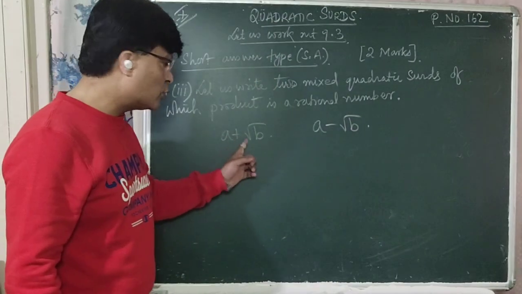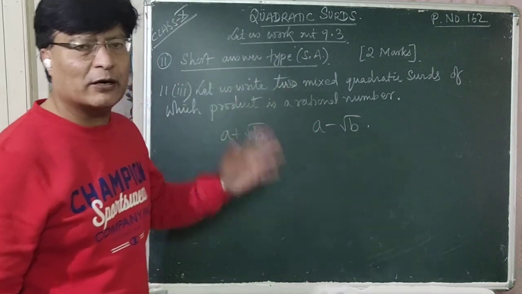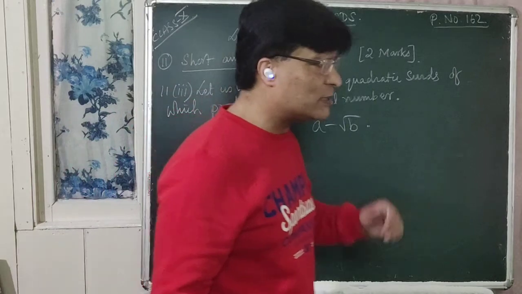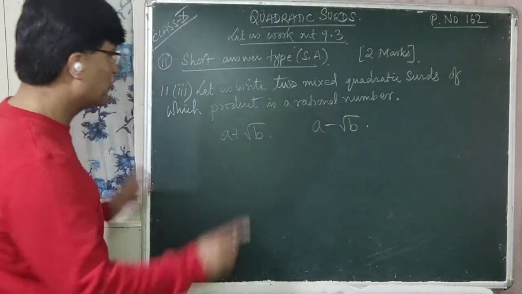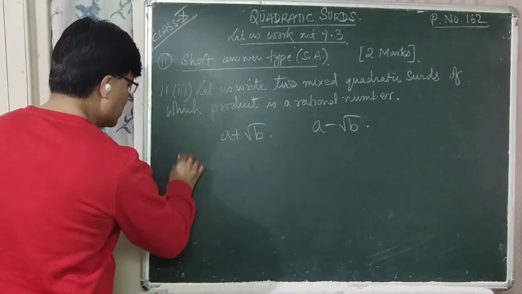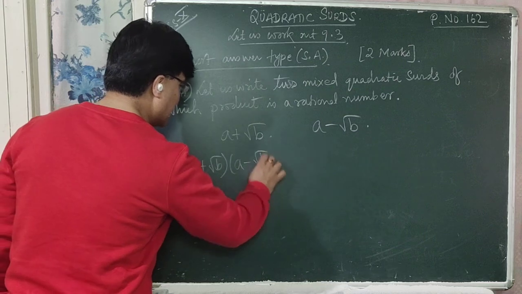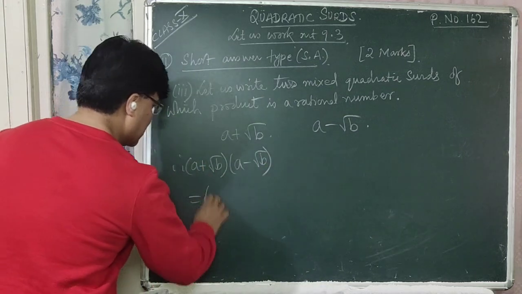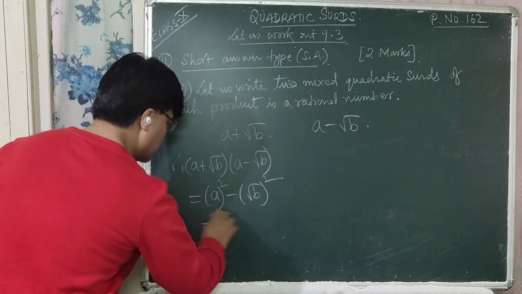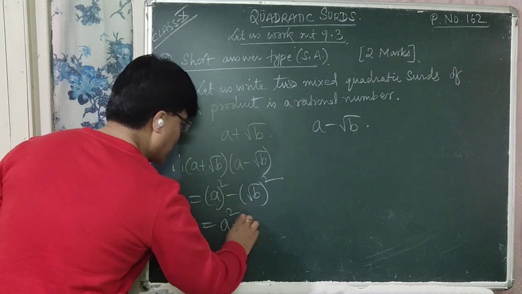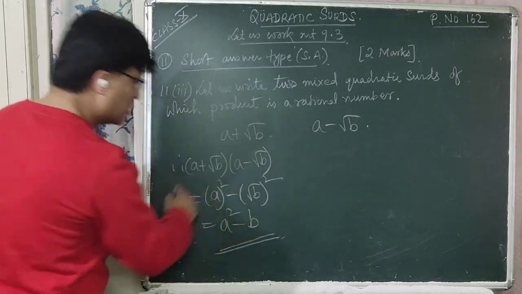If you write a plus root b, then you should write a minus root b such that their product will be a rational number, meaning there should be no square root term if you multiply them. So now, if you multiply these two, a plus root b into a minus root b, we get a whole square minus root b whole square, which is a square minus b. That is, the square root is removed here.